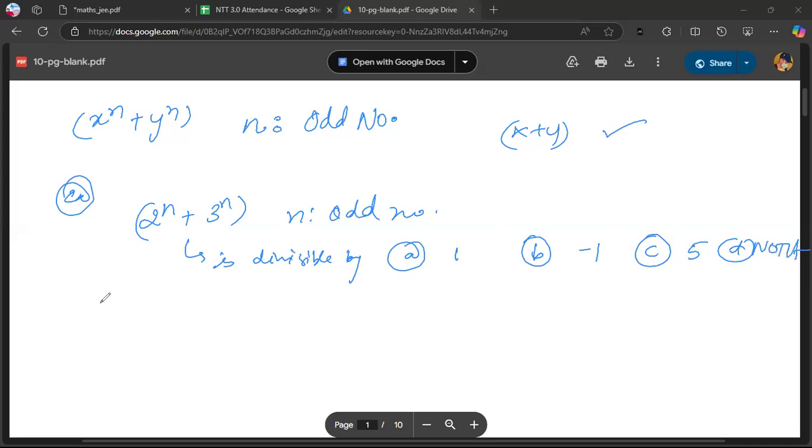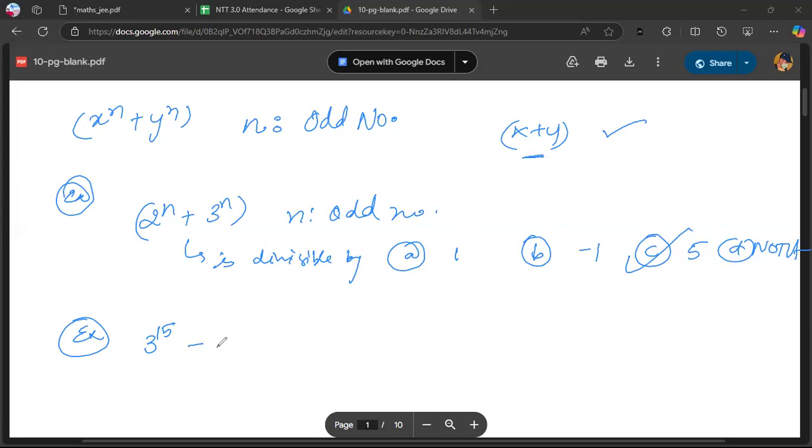Now tell me the correct answer. Focus on this. Option C, sir. Yes, correct. It will be divisible by x plus y. So here 2 plus 3 will be divisible by 5.